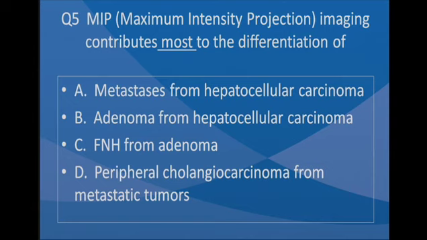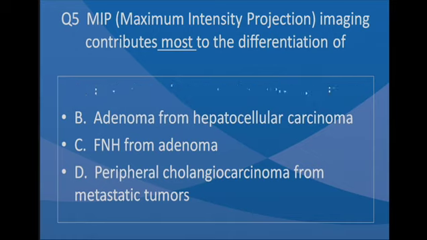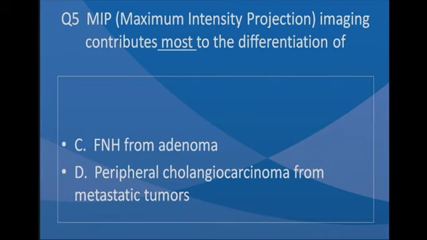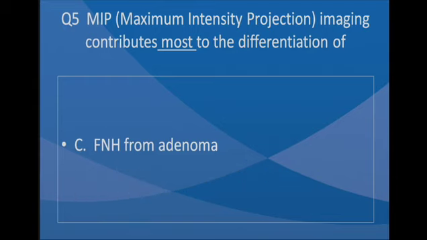Well, we know that metastases and hepatocellular carcinoma are differentiated by the rate of their portal venous phase washout. Adenoma and hepatocellular carcinoma are differentiated on the basis of patient history more than anything else. And when we consider peripheral cholangiocarcinoma from metastatic tumors, they are virtually identical and are differentiated predominantly on history again.